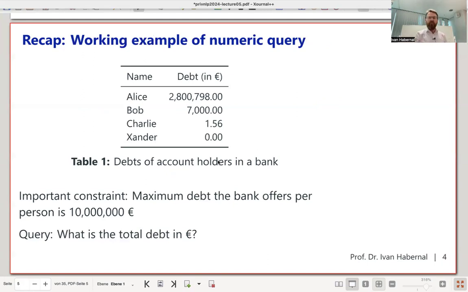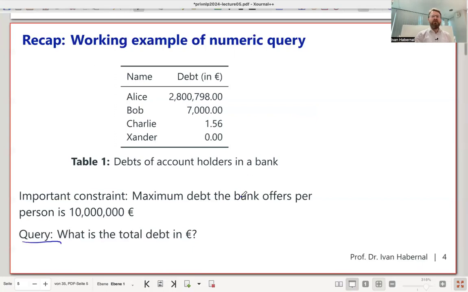So we had four people in the bank, account holders, and each of them has a certain debt in euros because they were buying a house or something like that. Elise bought a house in Frankfurt West End, right? And our query was, what is the total debt in euros of all of these people?